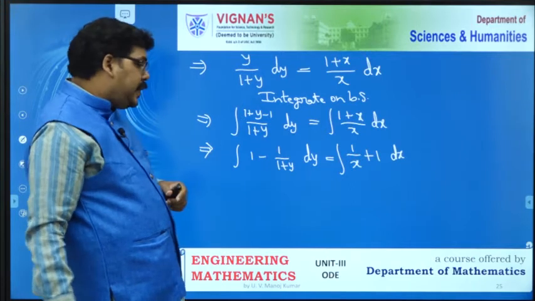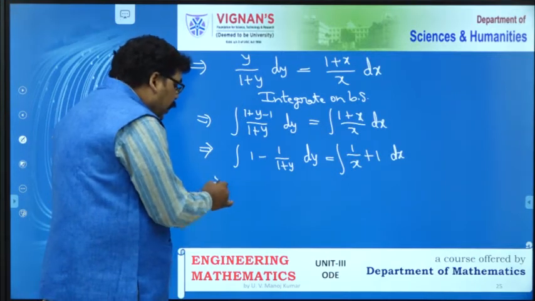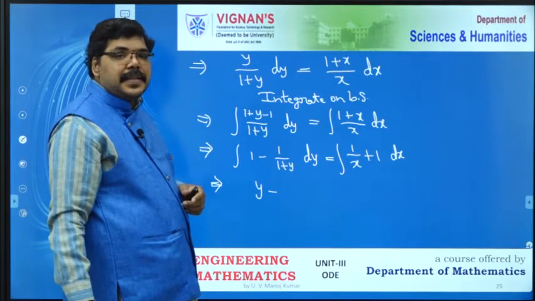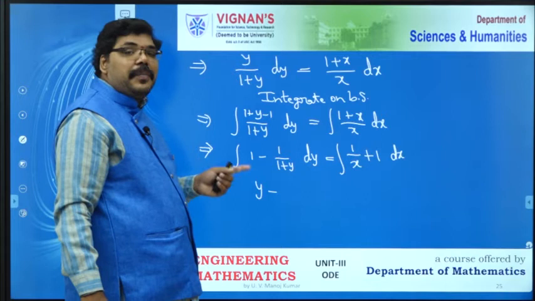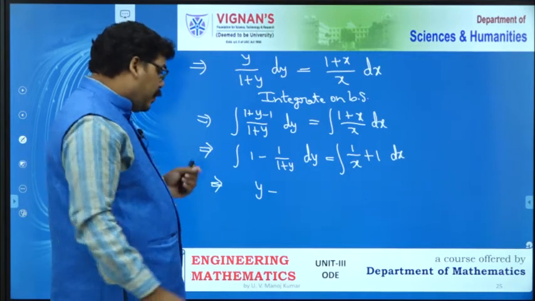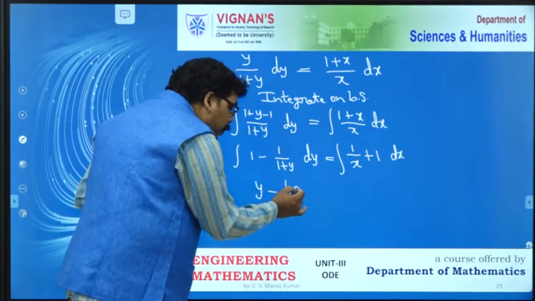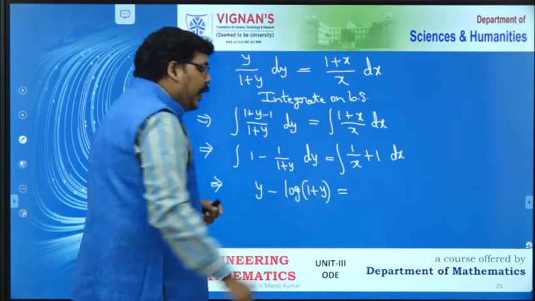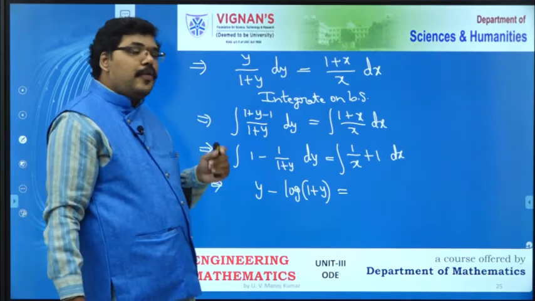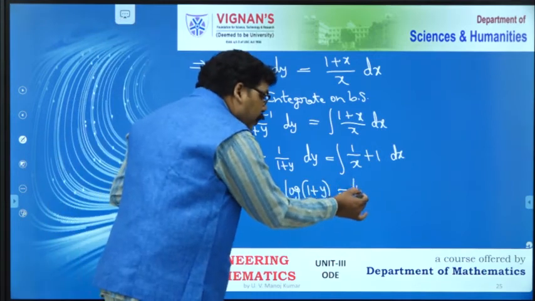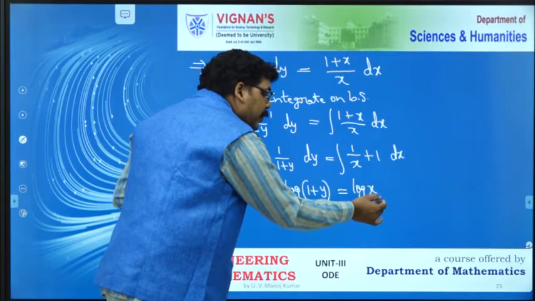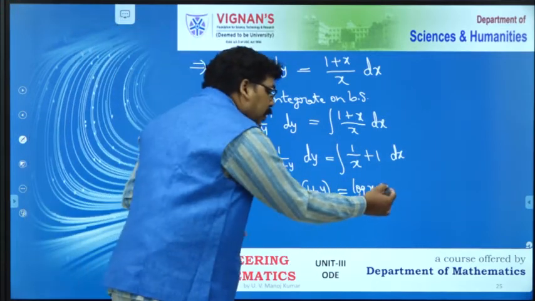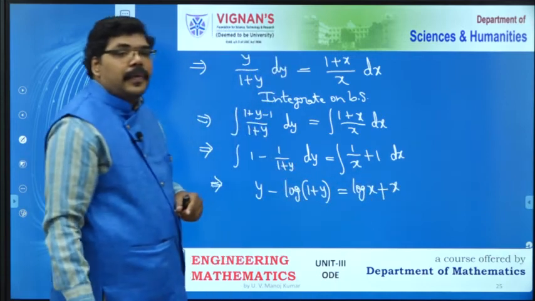So if you integrate, integral of 1 is y minus integral of 1 by 1 plus y is log of 1 plus y equals integral of 1 by x is log x plus integral of 1 is x.